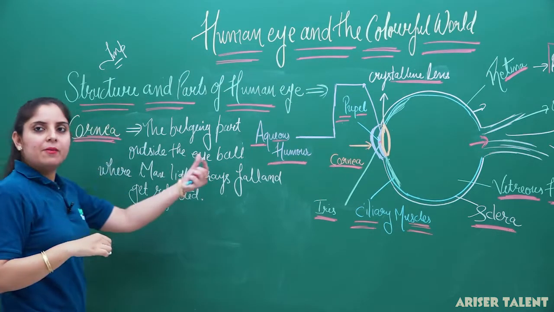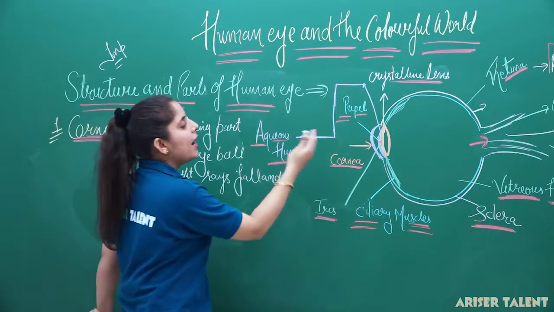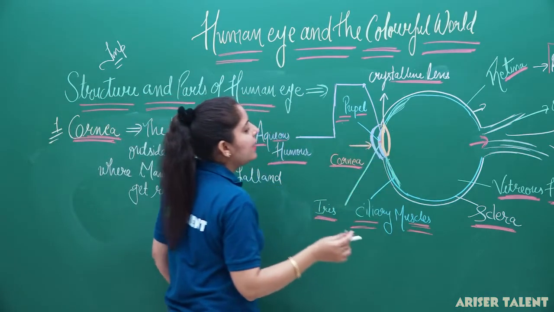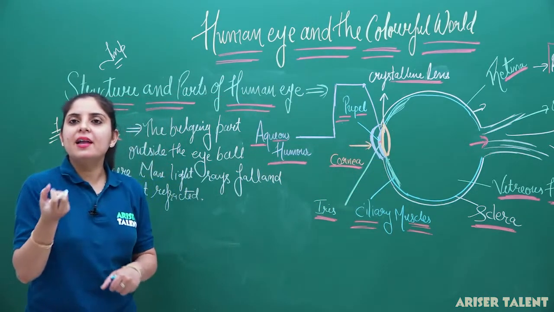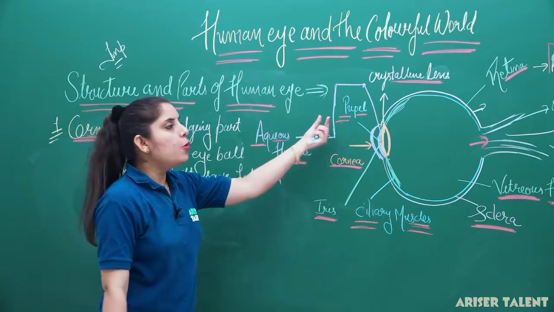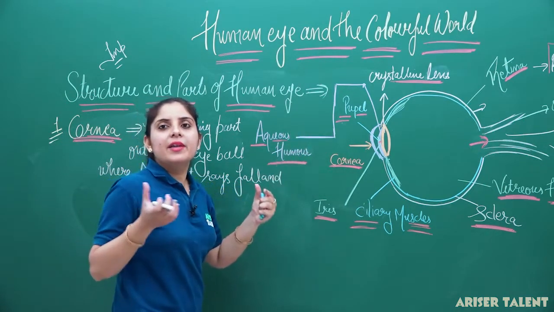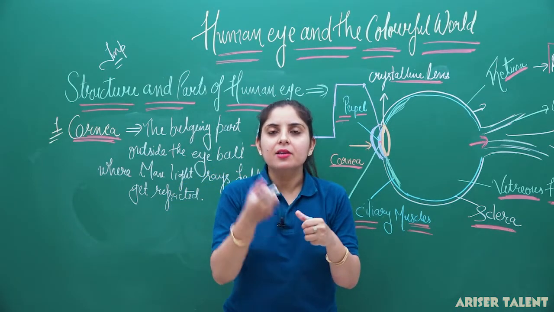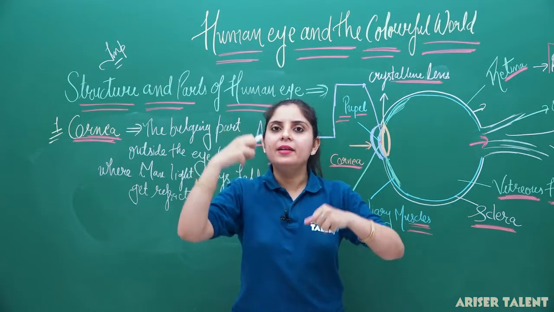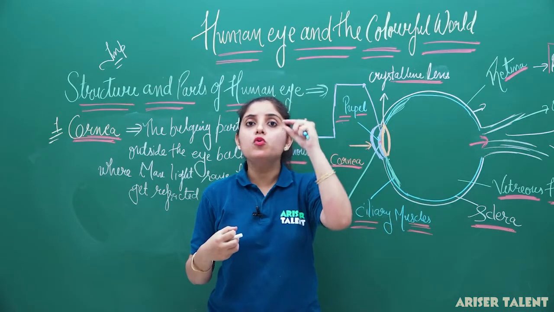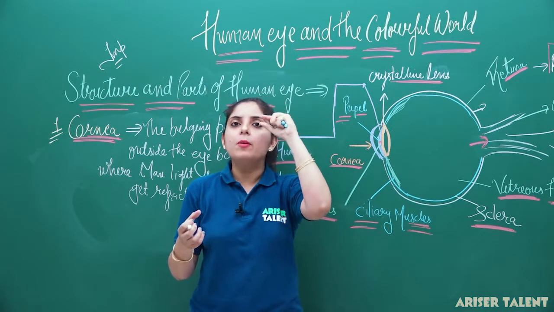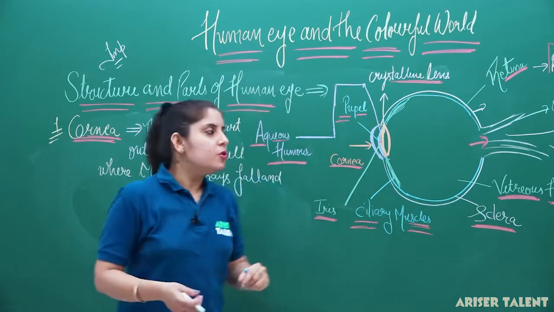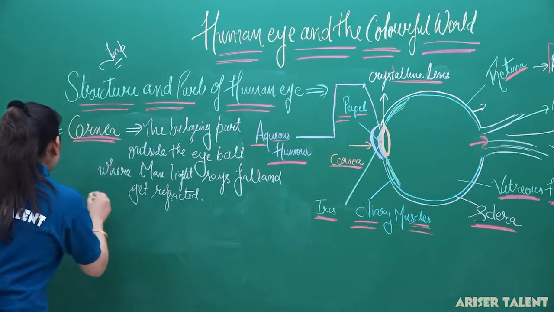So that part will be our cornea. Now behind the cornea, you can see that there is a hole, or a circular part, known as the pupil. The pupil regulates the amount of light entering the eye, and whenever light enters the eye, it acts as black. Most people have a pupil that is black in color. So the second part is our pupil.